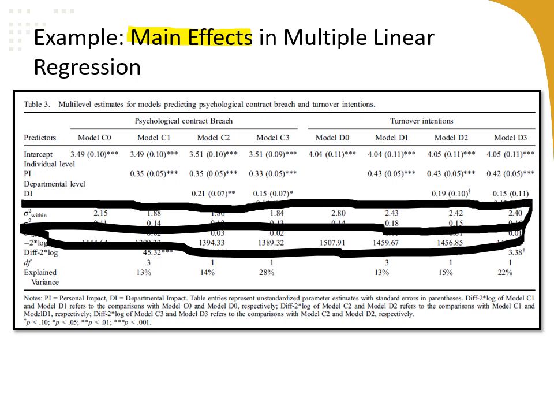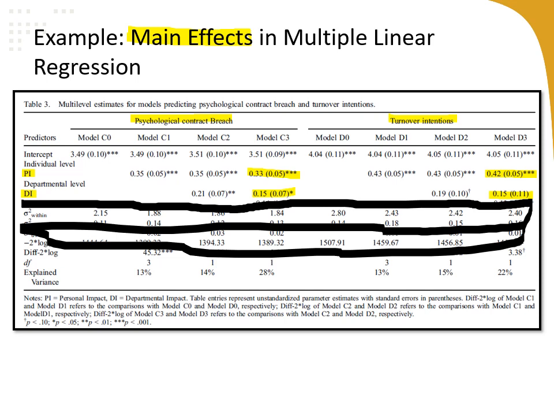So here we go. If we look at psychological contract breach and we look at the personal impact in Model 3 and the departmental impact in Model 3, right, where we look at everything at the same time. And we're also going to look at turnover intentions, so the personal impact and the departmental impact.